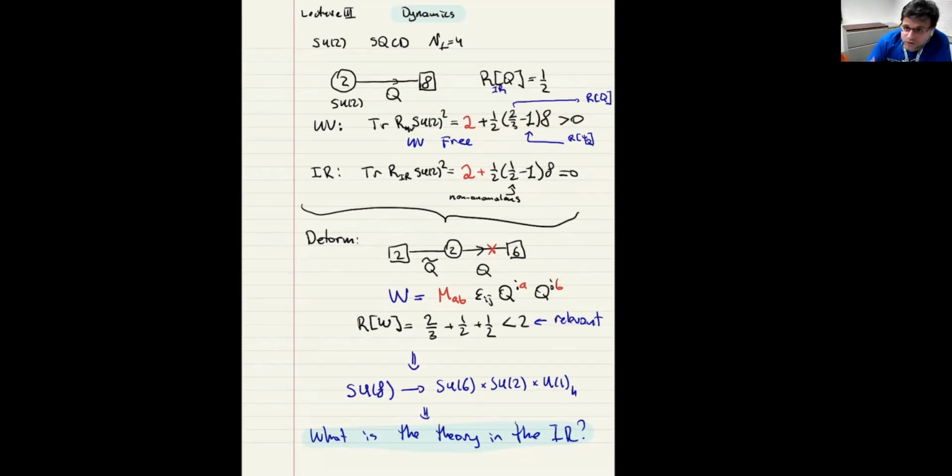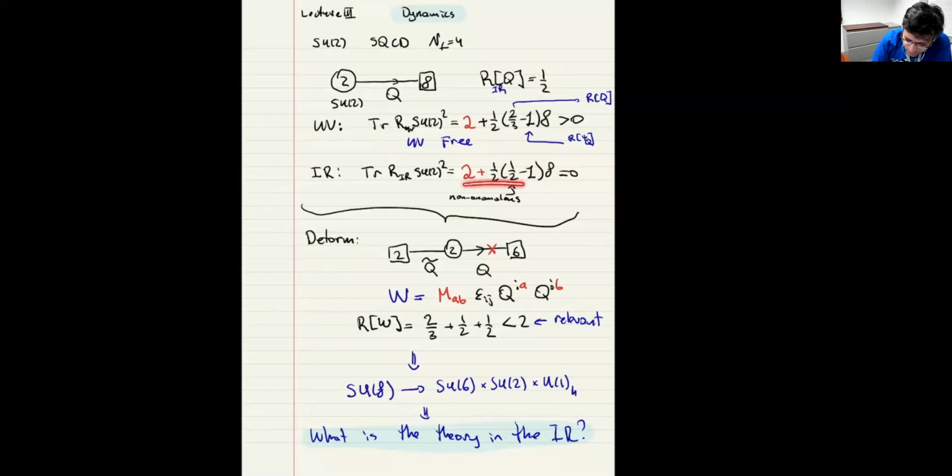So we flow into the infrared, and then there is a question: what is the superconformal R symmetry? The anomaly-free superconformal R symmetry is such that, in particular, this anomaly in the infrared equals 0, which means that it is non-anomalous. The non-anomalous assignment of R charge is just giving all the superfields R charge a half.